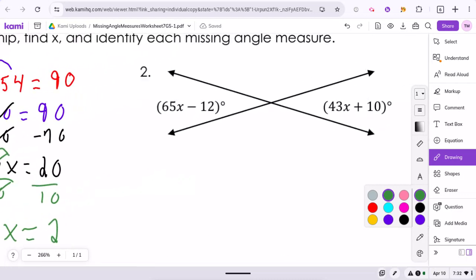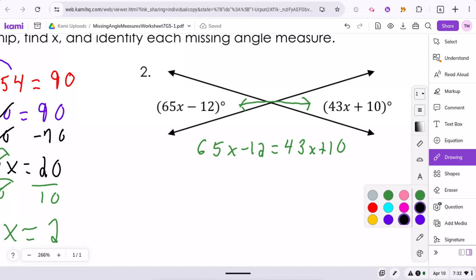So for this one, remember, these angles are going to equal one another. So with the vertical angles that equal each other, you would set up the equation like this. 65x minus 12 equals 43x plus 10, because you know those angles equal each other.